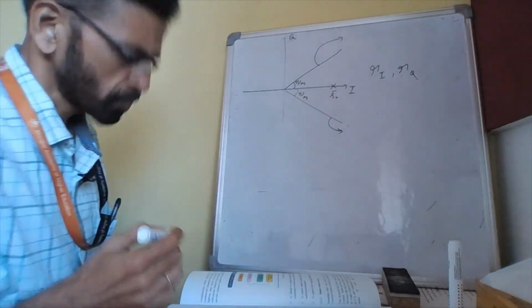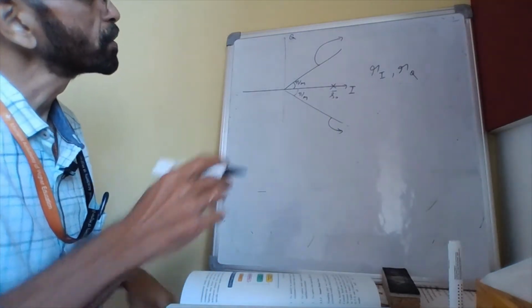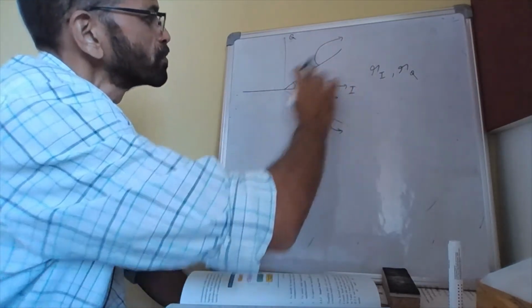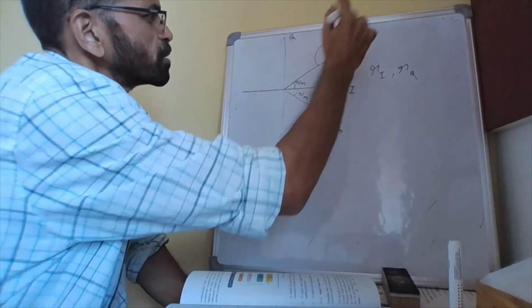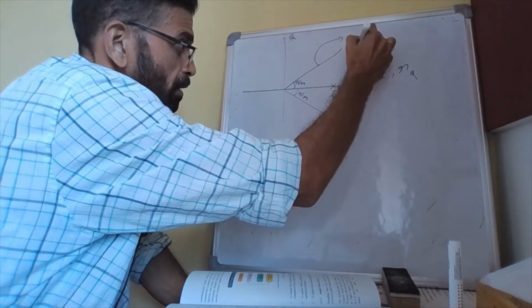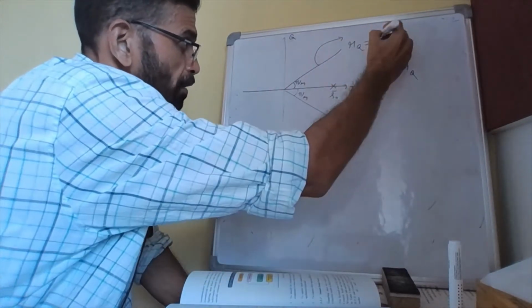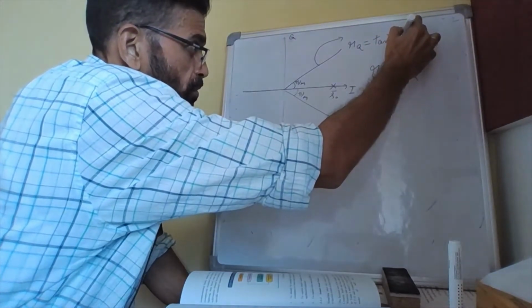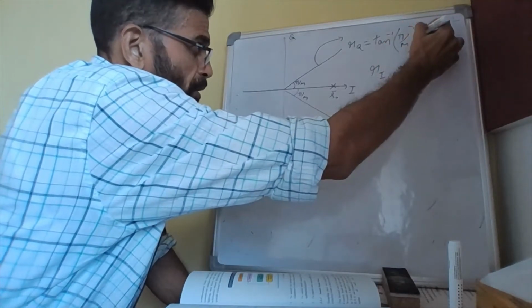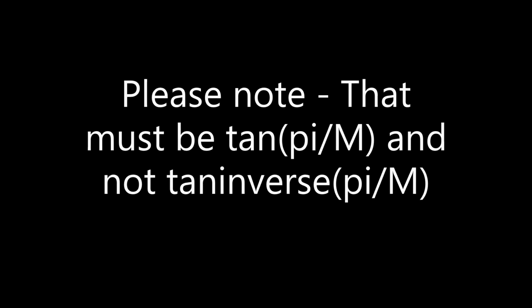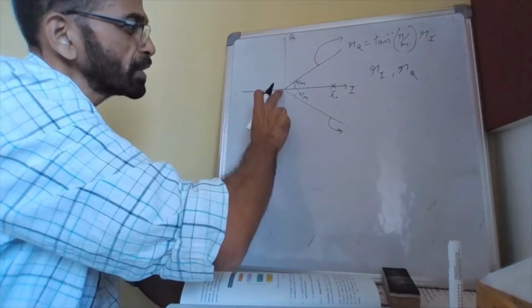The slope is tan pi by M. From elementary algebra or geometry, you know the slope of this is tan pi by M. So the equation of this line will be Rq equal to tan(pi by M) into Ri, and the y-intercept is 0.